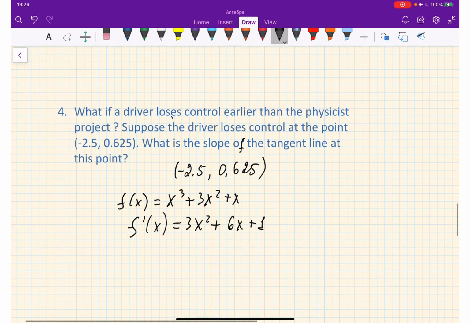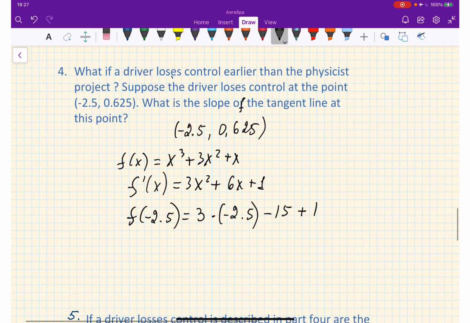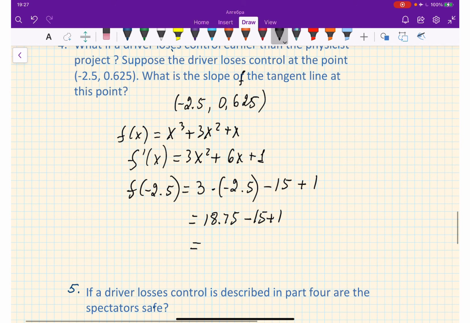Okay, so we get f prime of negative 2.5. It's going to be equal to 3 times negative 2.5 squared, which is 18.75, minus 15 plus 1, and we have 4.75.